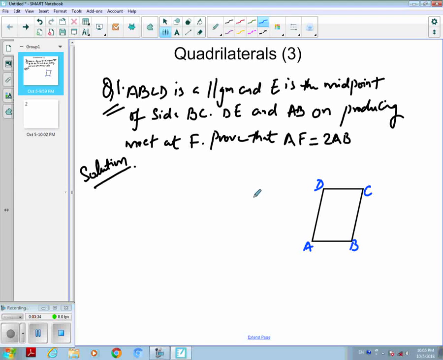And E is the midpoint of side BC. This is side BC and E, this one, is the midpoint of side BC.